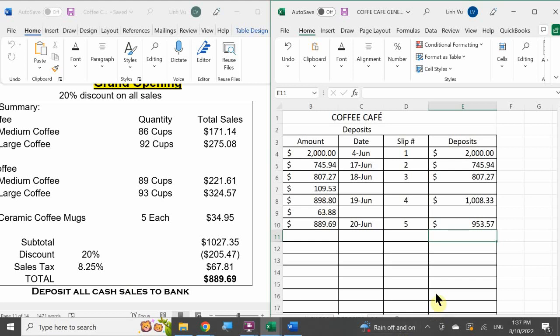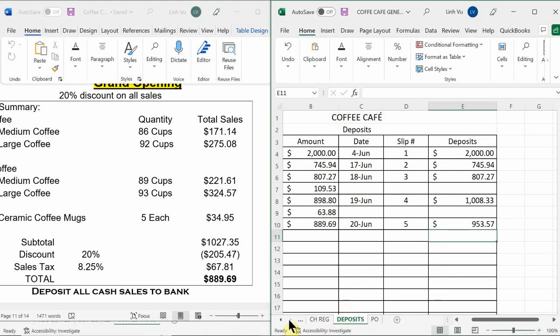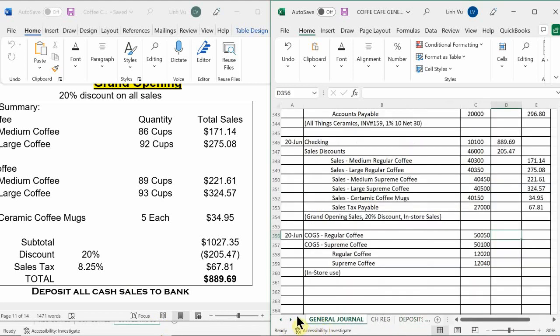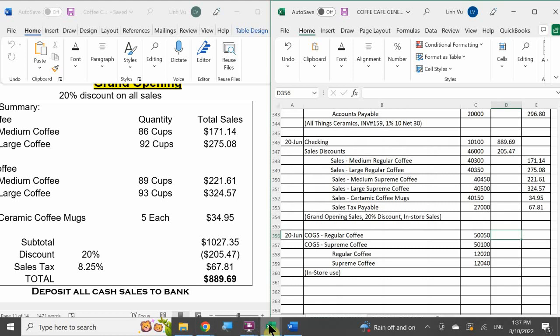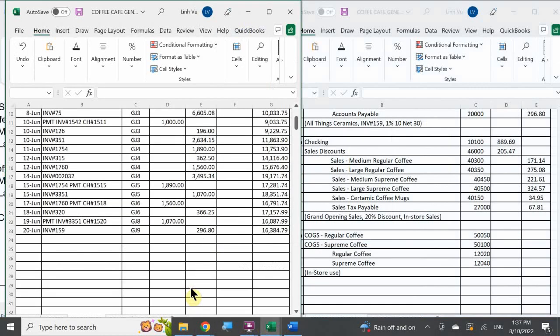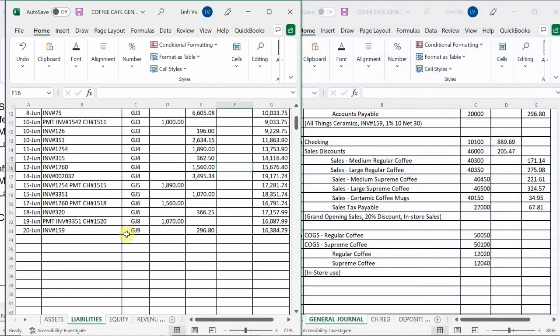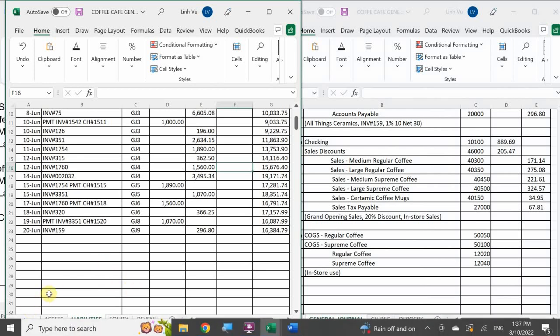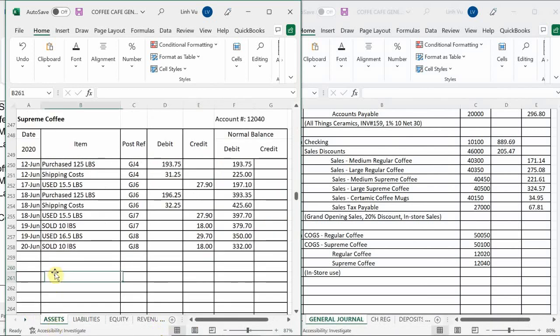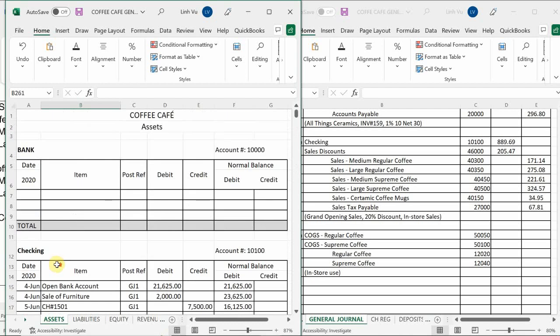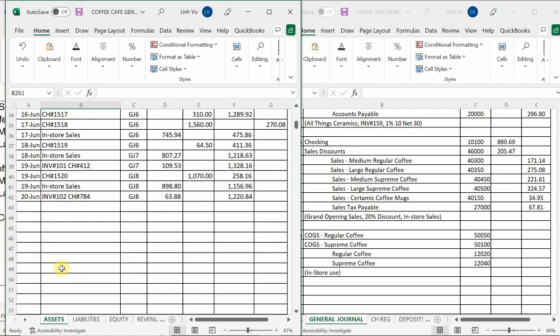And then we move on to the general ledger. I go with assets first. And then for checking, we update the sale of the day.